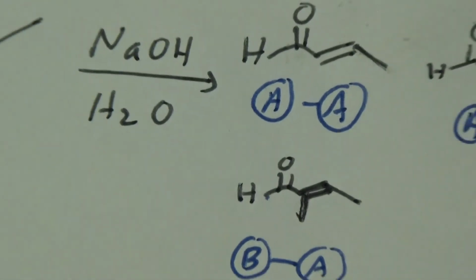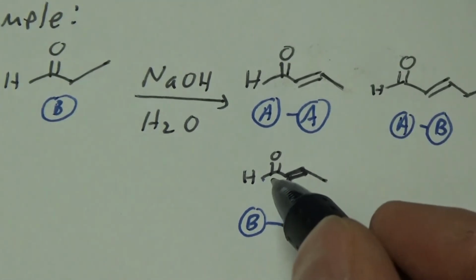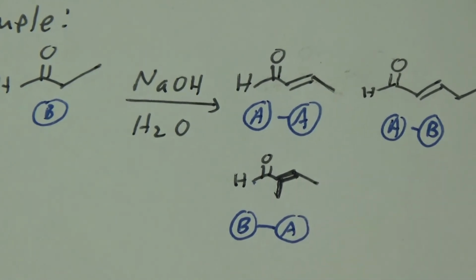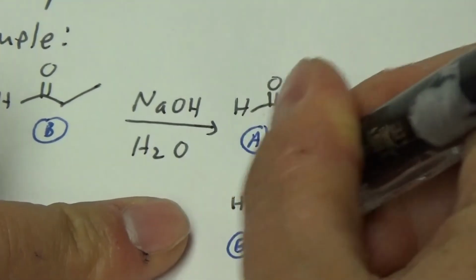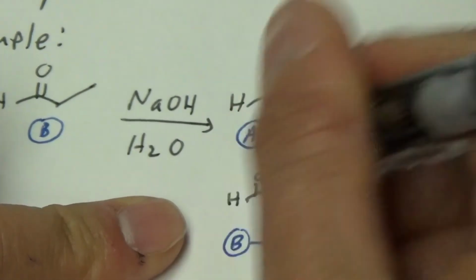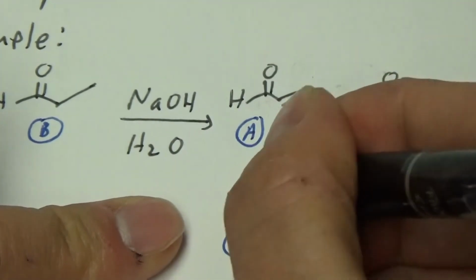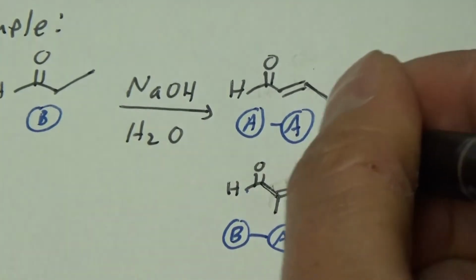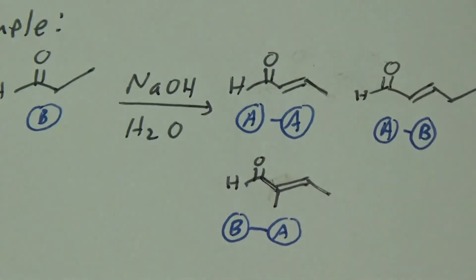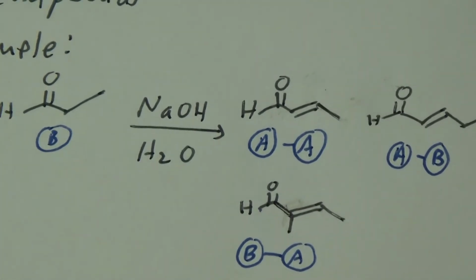And that's what I'm calling BA. So it's 1, 2, 3, 4, 5. Let's draw the alkene a little more clearly. 1, 2, 3, 4, 5. Okay, that's BA. What's a BB going to look like?